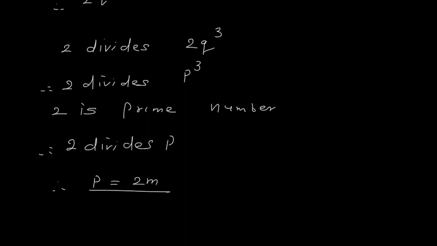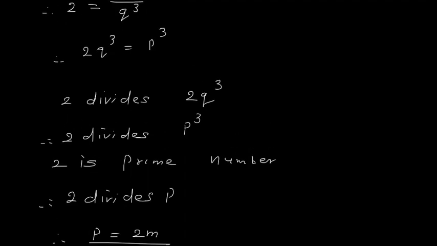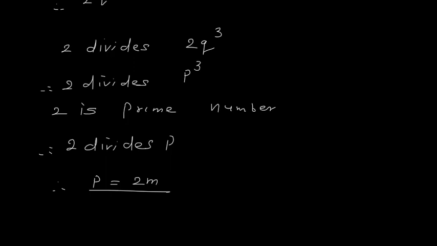Now put p is equal to 2m in the equation 2q cube is equal to p cube. So here in place of p I will write 2m.